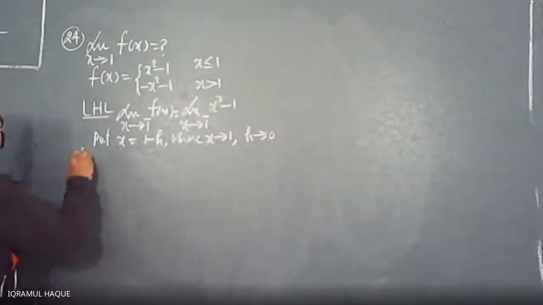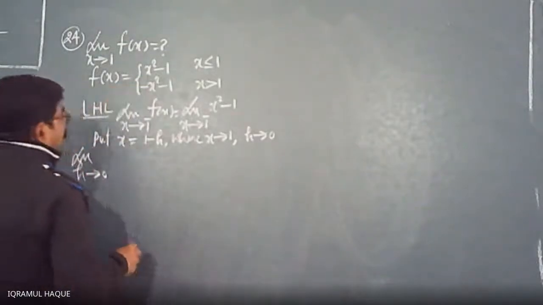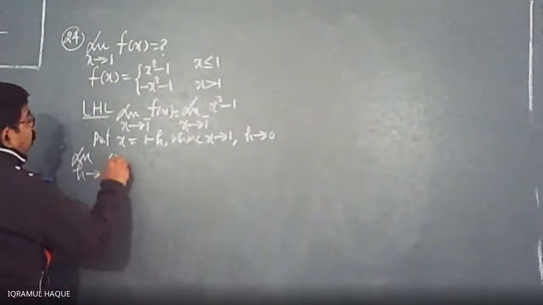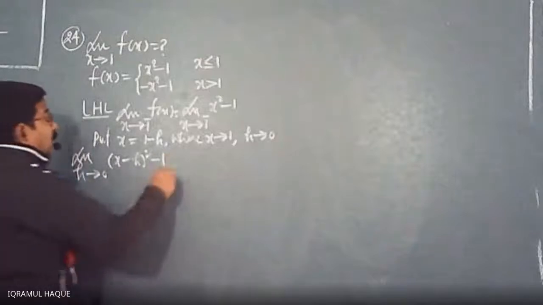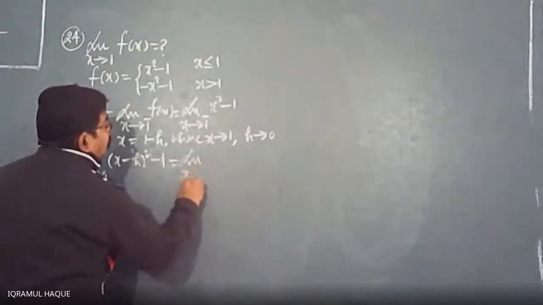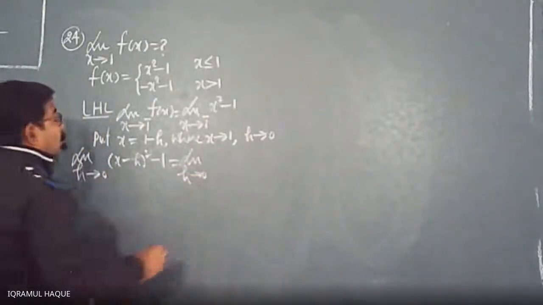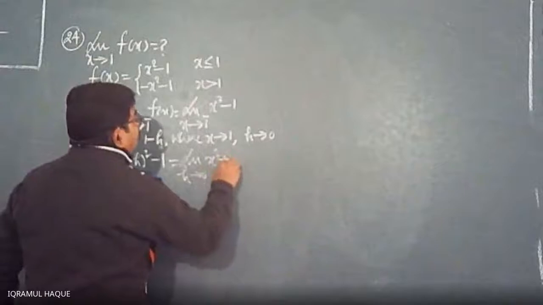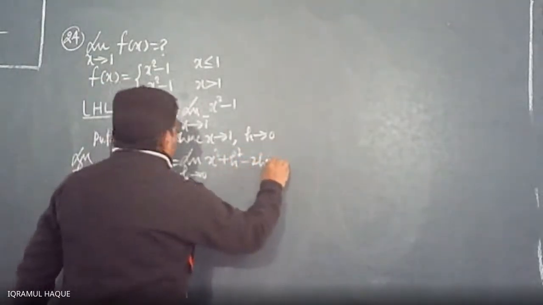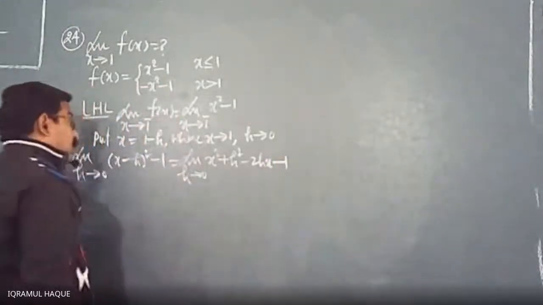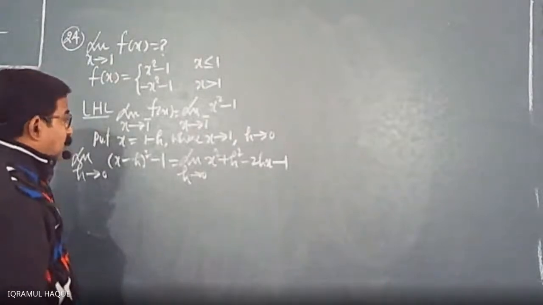So we have limit h tends to 0, this function, we have (x minus h) whole square minus 1. Break this into whole square. We have x square plus h square minus 2hx minus 1. Now put the value of h is equal to 0.